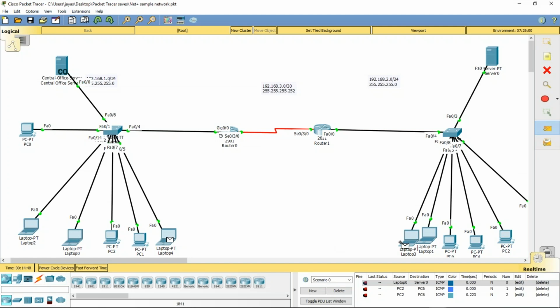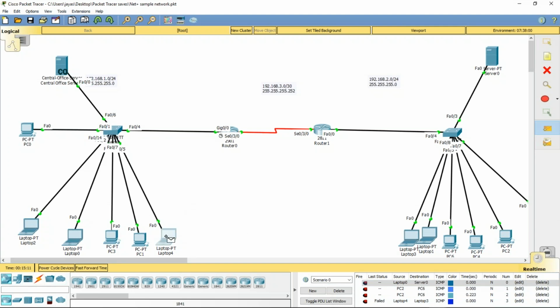Right now I can ping from this device over here and it should work. Oh, it failed. Maybe I didn't wait long enough for it to come up. Oh no, we have to troubleshoot and see what's going on here. That should have worked.